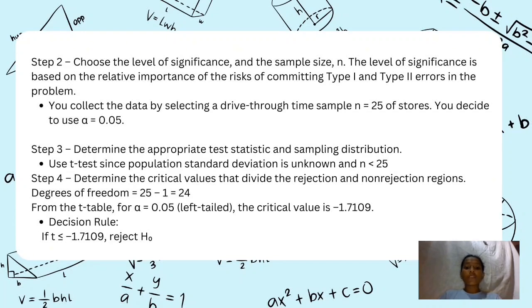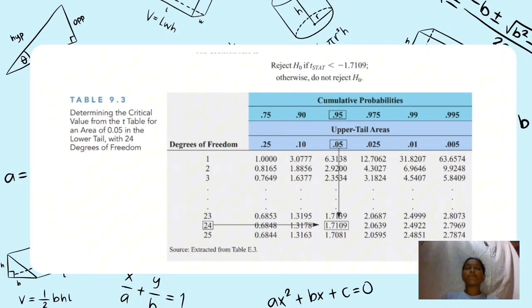Using 24 degrees of freedom, since n minus 1 is how we get the degrees of freedom. The critical t value at 0.05 is negative 1.7109 based on the table below. So our rule is, if the computed t is less than negative 1.7109, we reject the null hypothesis.